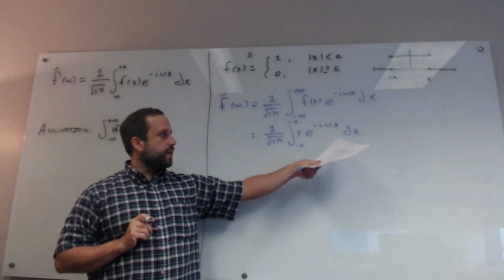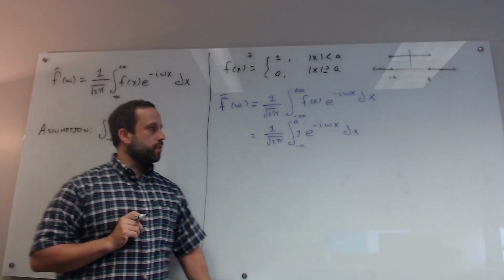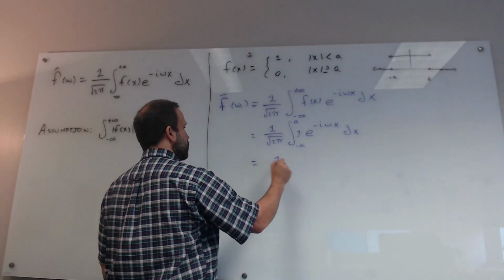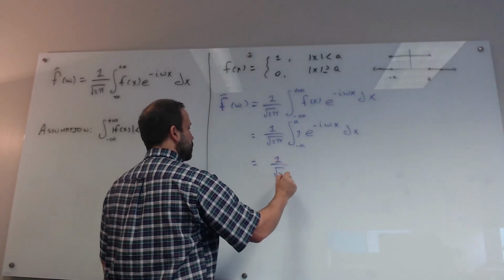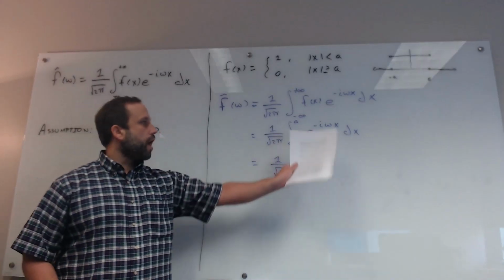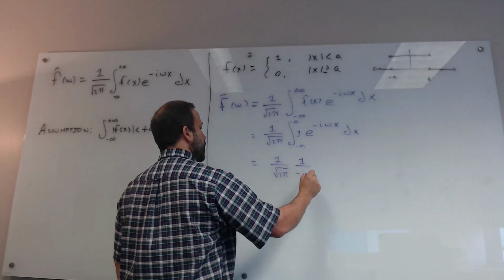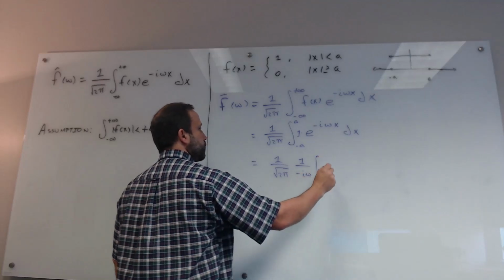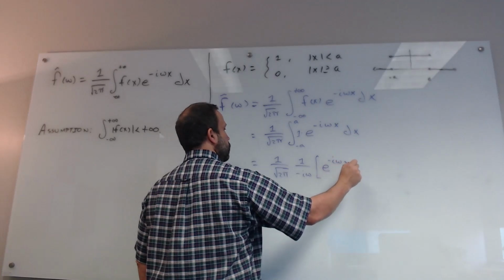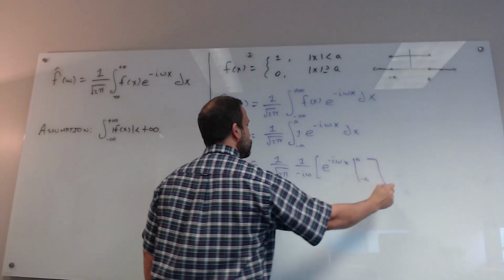Okay, now keep in mind, x is the variable of integration. Omega is not the variable of integration. So we can just do the fundamental theorem of calculus here. So this is going to be 1 over the square root of 2 pi, divided by minus i omega, and then we're going to have e to the minus i omega x, evaluated from x equals minus a to a.